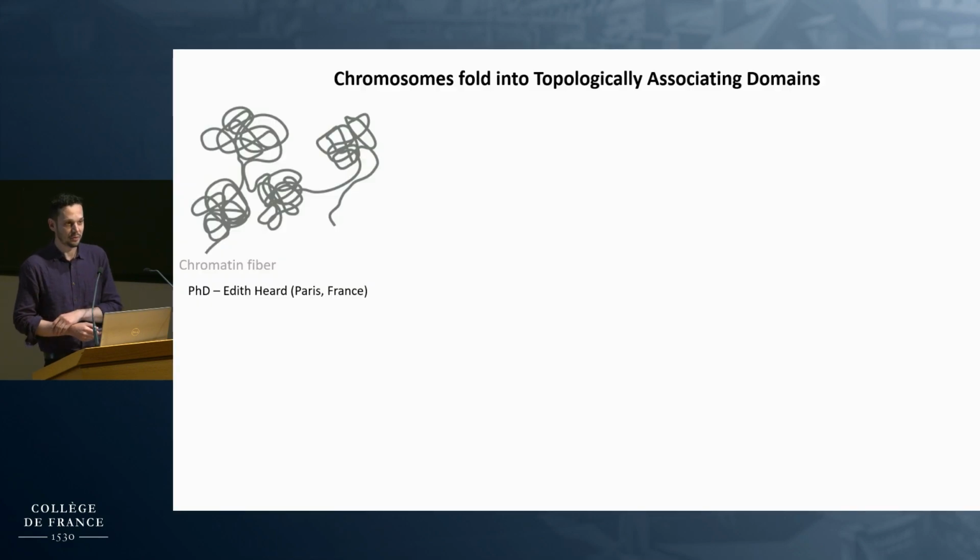I was privileged enough to work with many of you when I was in Edith's lab, and together we discovered, by studying the X chromosome inactivation center, that chromosomes fold into a series of large self-associating domains that we called topologically associating domains, or TADs.